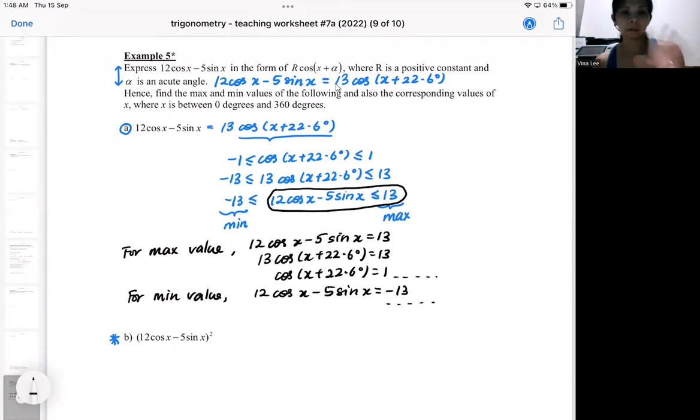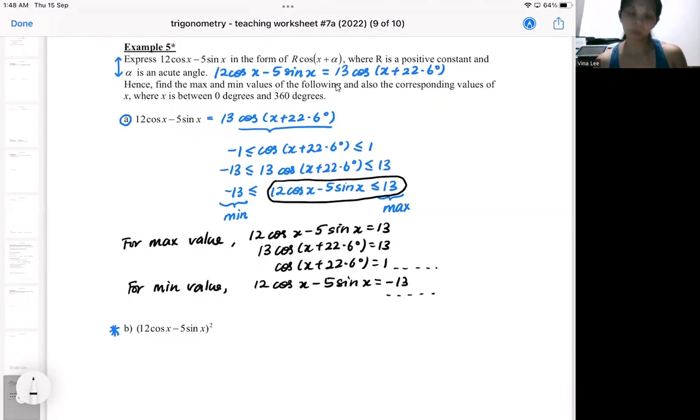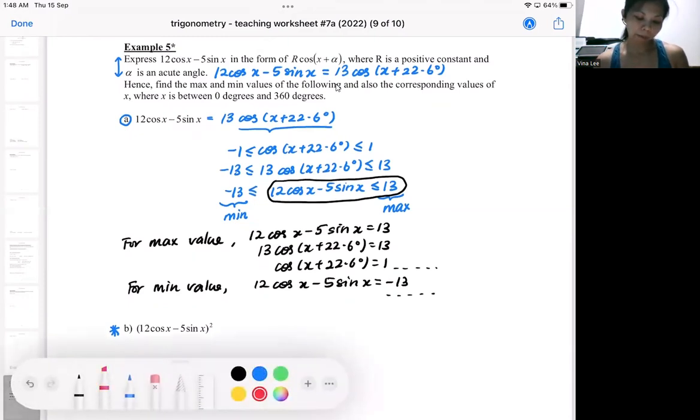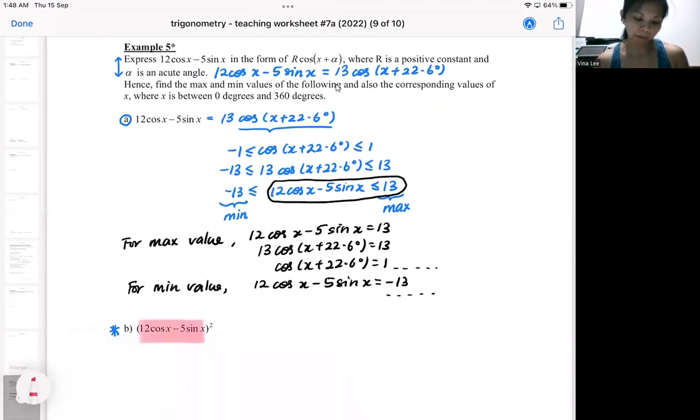So this is the most basic maximum and minimum they will ask you. They will ask you on the converted R formula function. So this is the basic one. The difficult one is where they decide to square the function. If you look at part B, they decide to square the function.